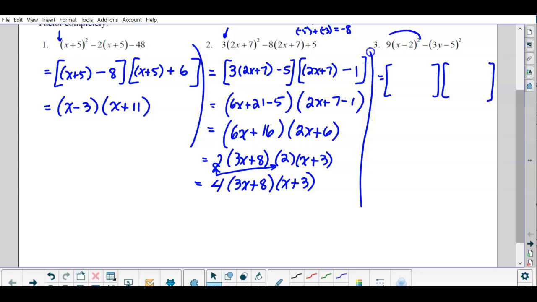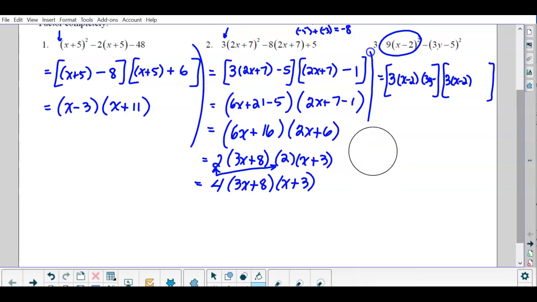The root of the first term here is 3 times x minus 2. Then the root of the second term is 3y minus 5. Actually, I'm going to write this down below because obviously it's stuck in here.